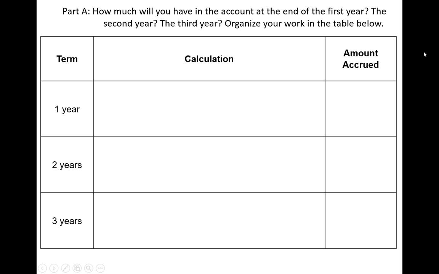So it says, how much will you have in the account at the end of the first year, the second year? So here's where we start. We know that we will have the $1,000 we put in plus 0.02 times $1,000, or $1,000 times 0.02.